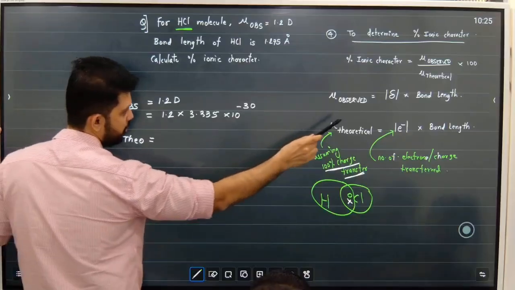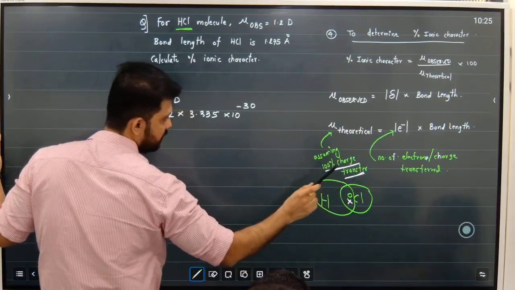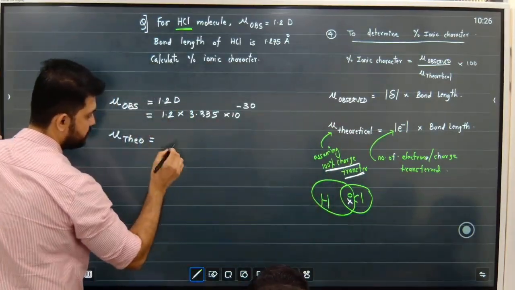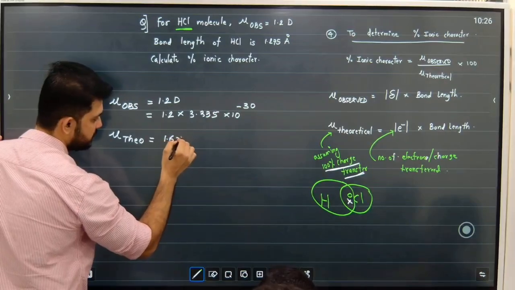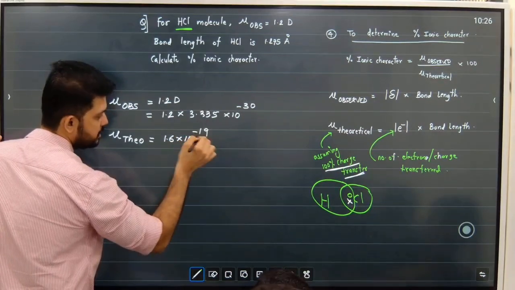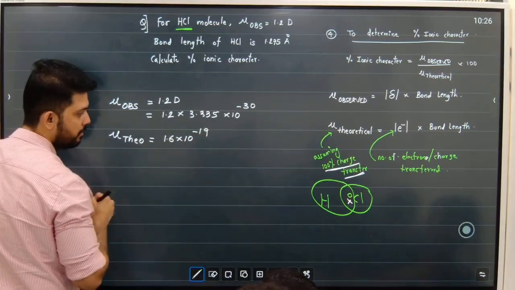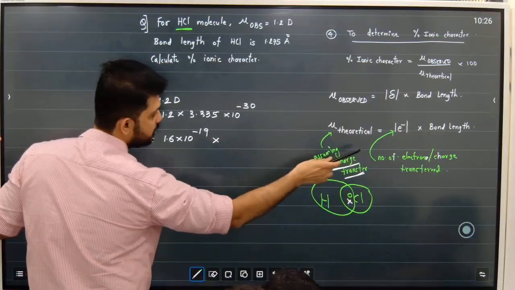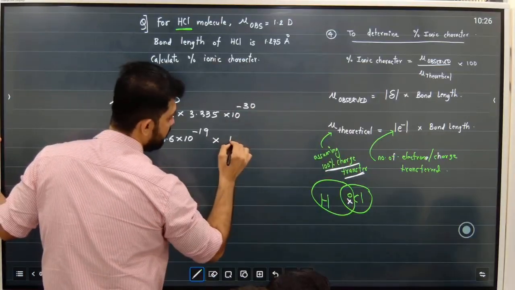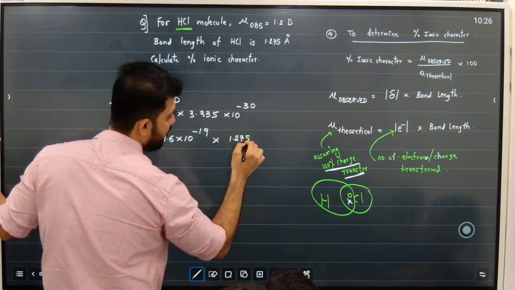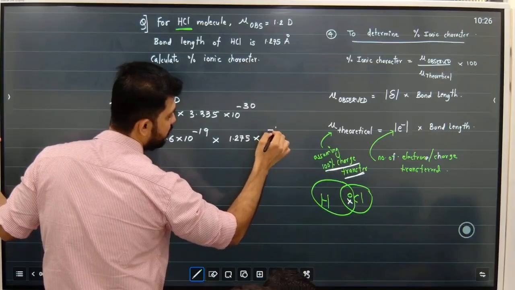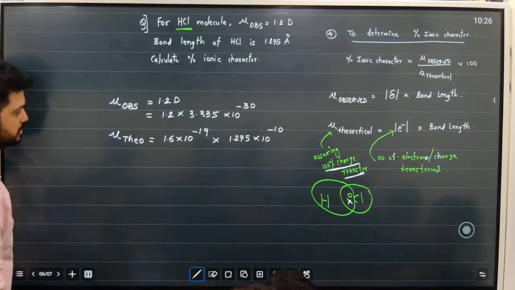The formula for mu theoretical we had written is charge transferred into bond length. From H to Cl there was transfer of one electron, so this is 1.6 into 10 raised to minus 19, which is the charge on an electron, into bond length. How much is the bond length given? 1.275 angstrom. We converted angstrom into meters.